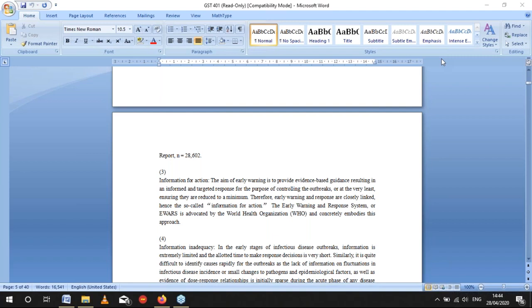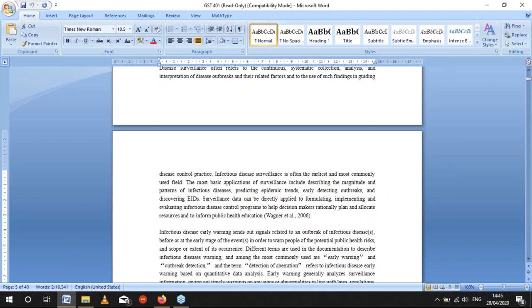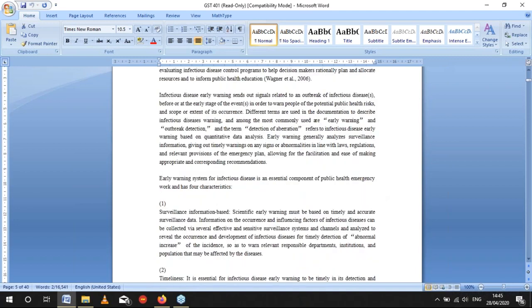What do we need to understand by early warning? Early warning refers to infectious early warning based on quantitative data analysis. Early warning generally analyzes surveillance information.